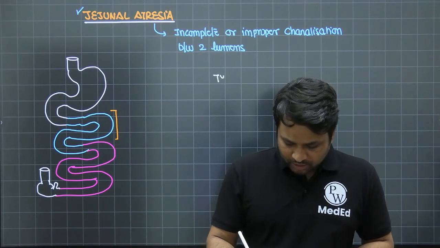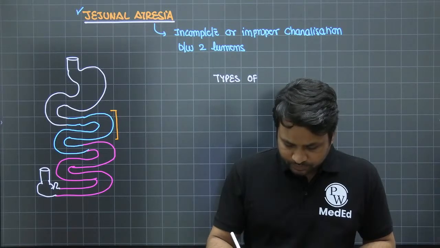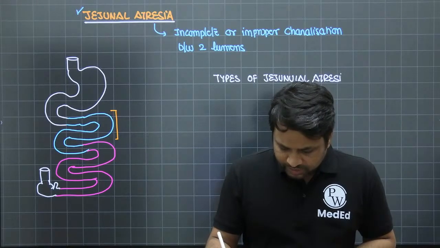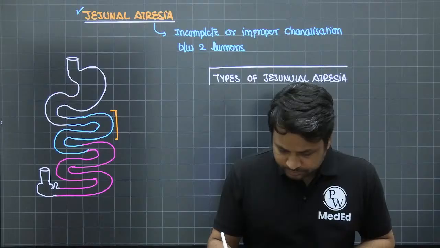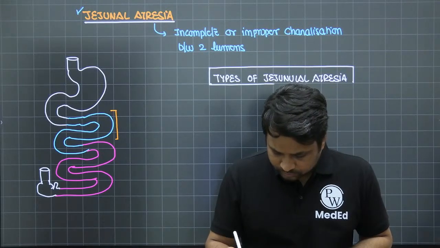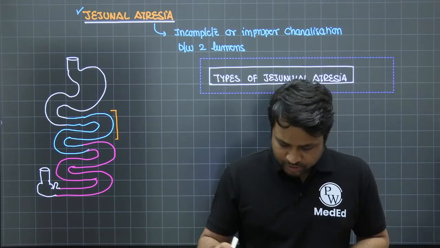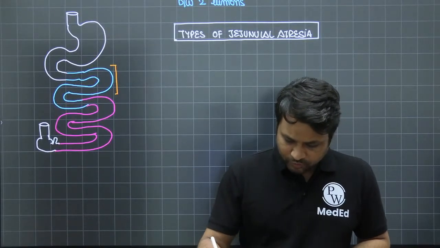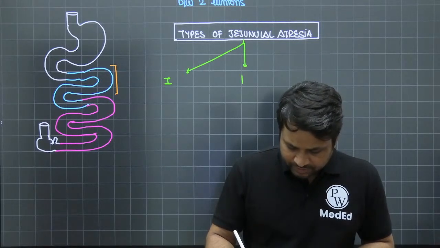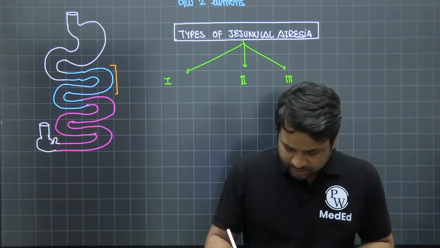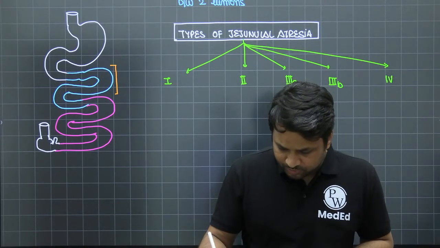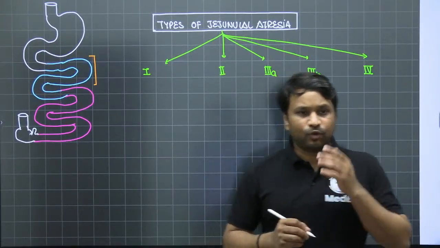We divide jejunal atresia into the following varieties: type 1, type 2, type 3A, type 3B, and type 4. So there are four different varieties that you have.